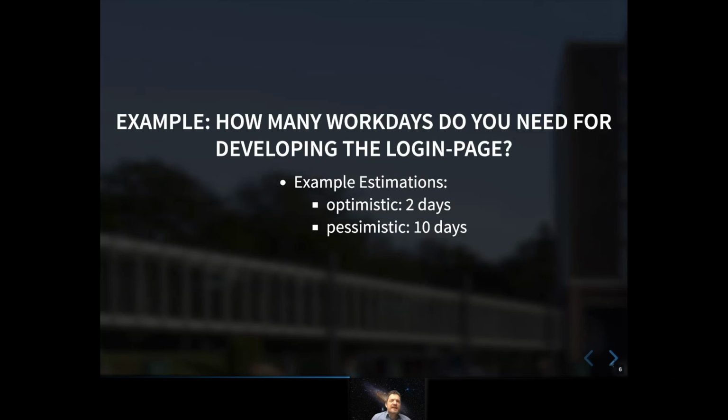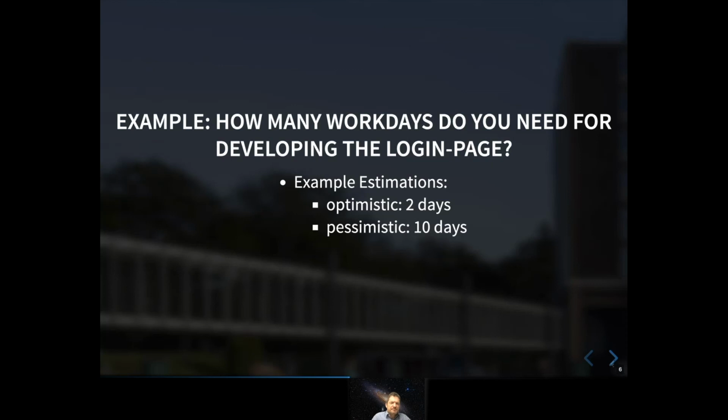Let's assume you say, and it's still an estimation, right? It's still an imprecise estimation, even though you provide 3 values. You say 10 days. Then the third estimation is the most likely. You are quite confident that this is your number, or think of it as the number you would provide as a normal estimation.